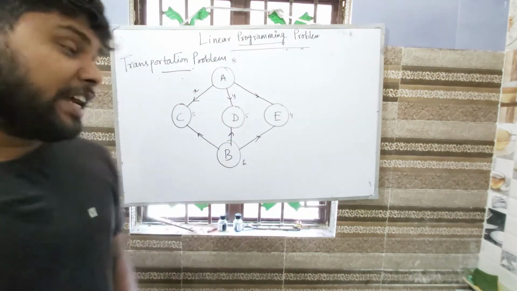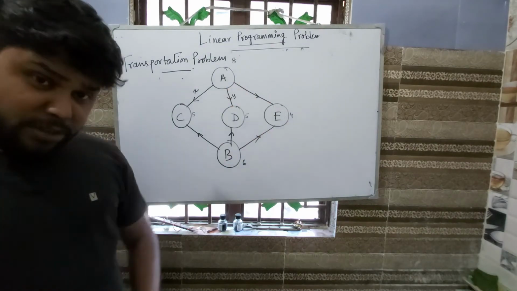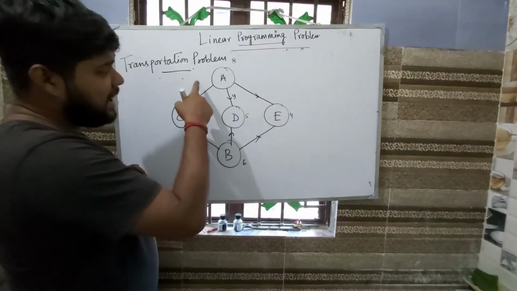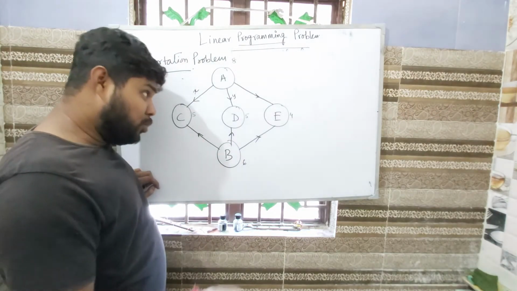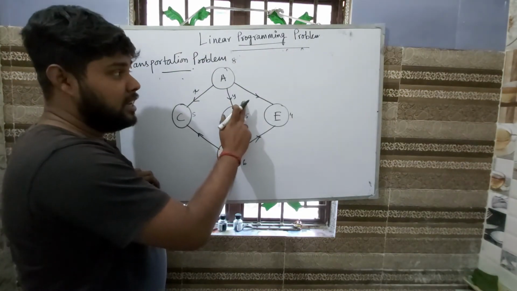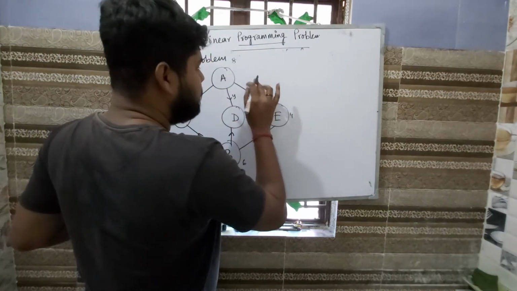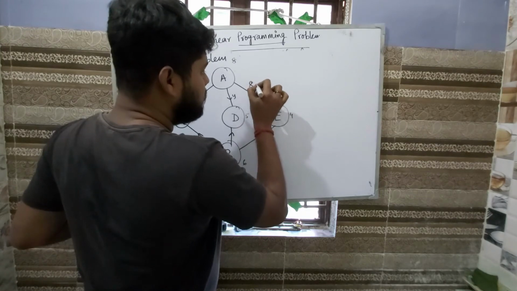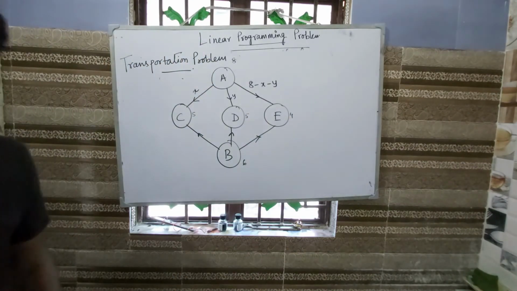I can't go beyond that. So, how many items A must send to E? Obviously, X and Y number of items have already been sent to C and D. A has the capacity of 8. So, it can send at most 8 minus X minus Y items. Clear?